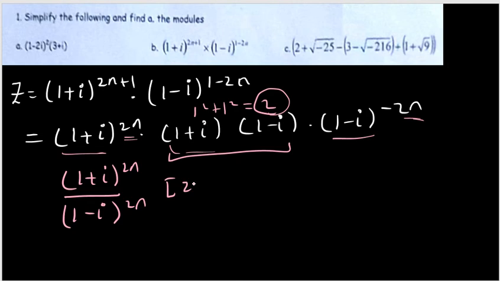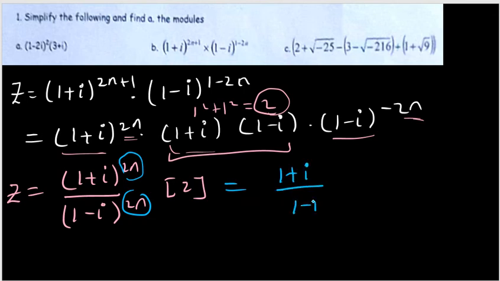Don't forget times 2 there. This is z. Now the exponents in the numerator and the denominator are the same, 2n and 2n. So I can write this as (1 plus i) over (1 minus i), the whole to the power of 2n. Still times 2 is there.